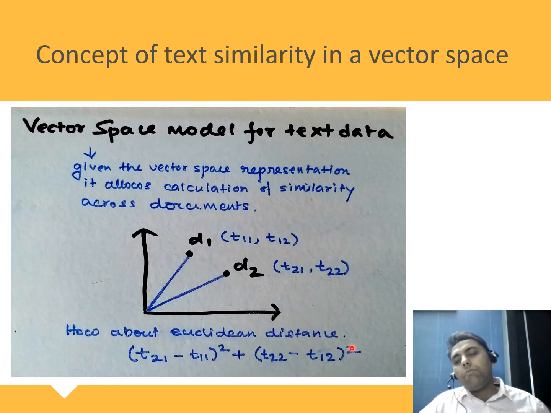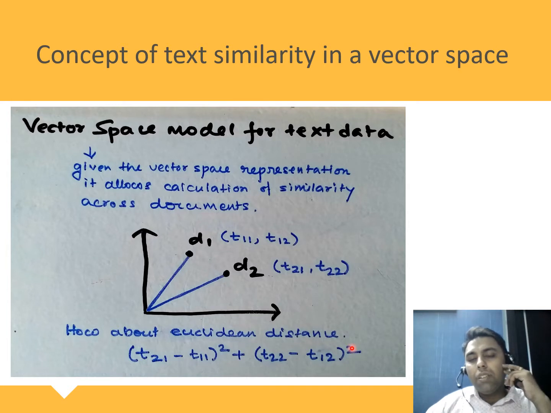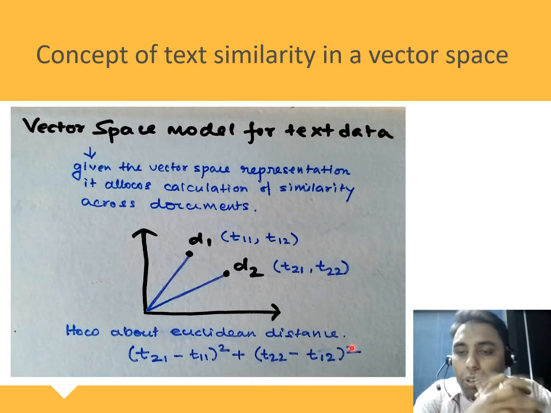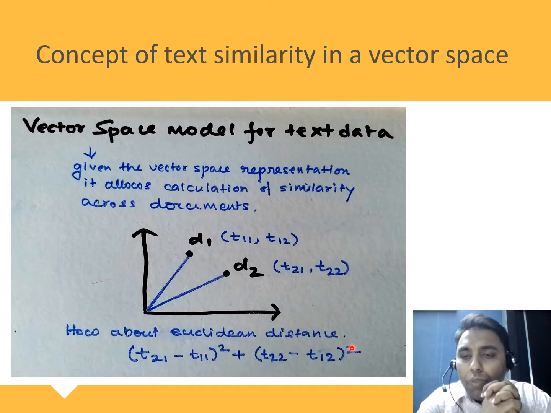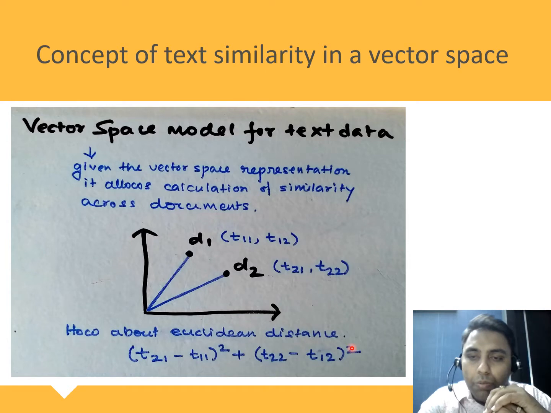So it is a very easy interpretation that Euclidean distance does help us to a certain extent here, but even though it helps, it's not one of the most popular or most commonly used similarity or dissimilarity measures when it comes to text data, and we'll quickly see why that is the case.